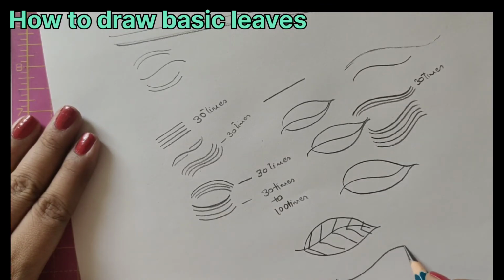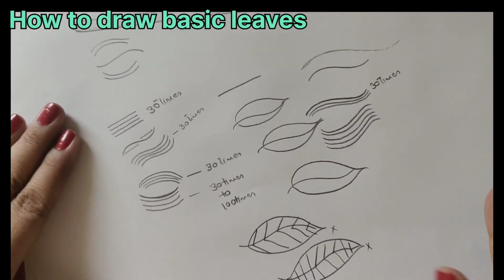And some draw, especially kids, in this way, without any shape. Ask them to practice properly. So these both are wrong. Okay, so how should we draw the veins?